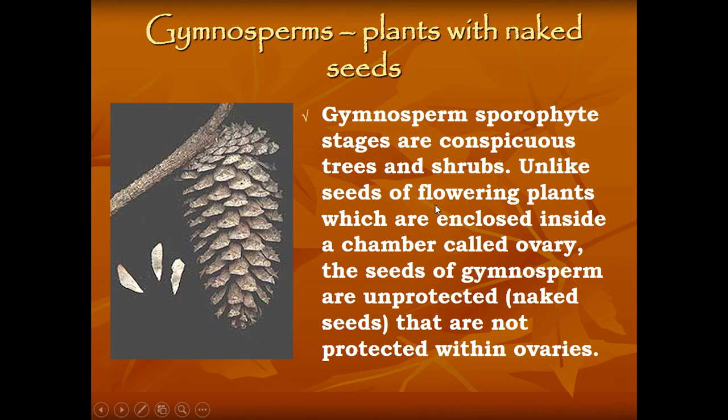Unlike the seeds of flowering plants, which are enclosed inside a chamber of the ovary, the seeds of gymnosperms are unprotected, which is naked seed as you can see here, not protected within the ovary. It does not look like the angiosperm.